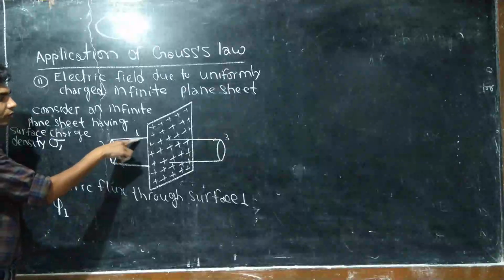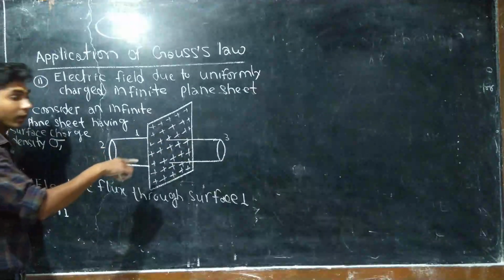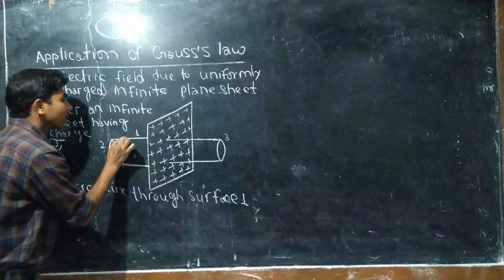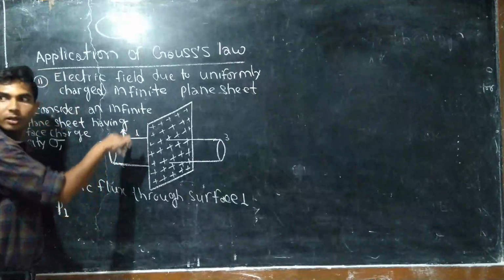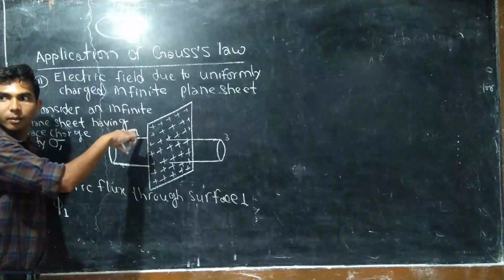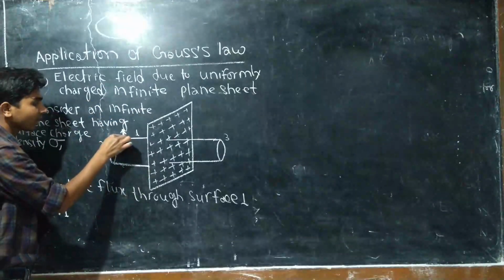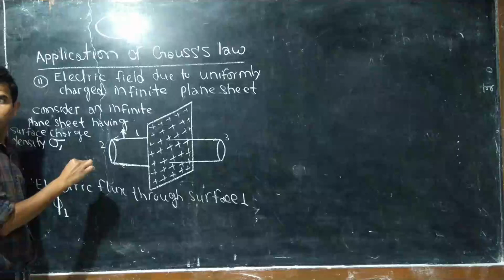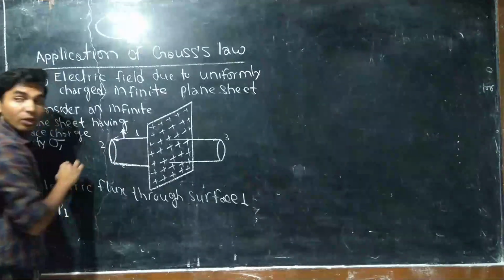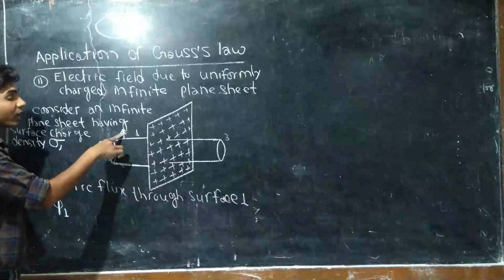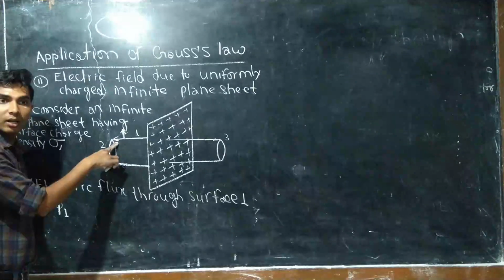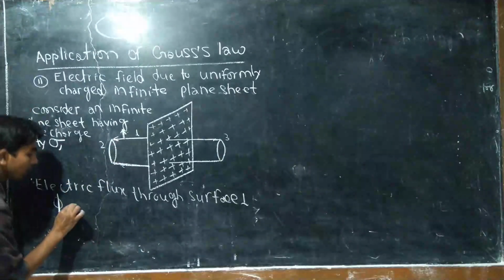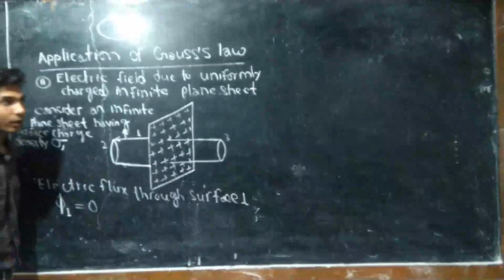At this surface, the area vector is this. The area vector is the outward normal, but the electric field is in this direction. So the angle between the area vector and the electric field lines is 90 degrees, so phi will be 0.